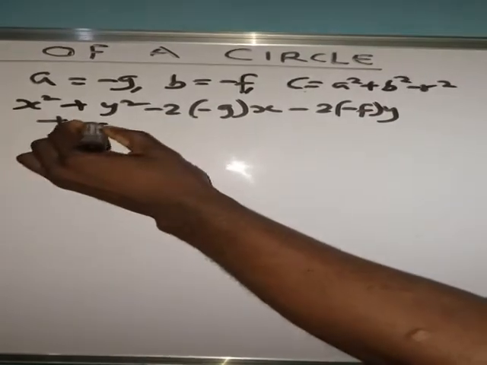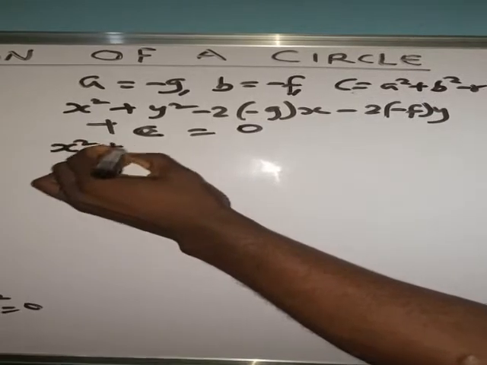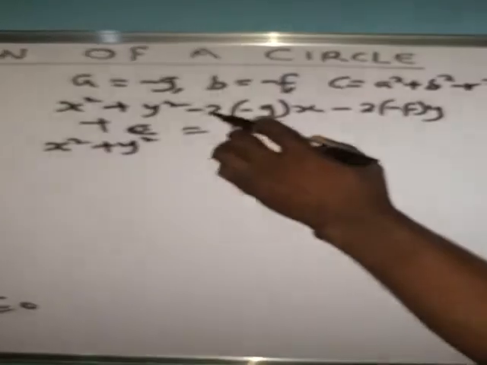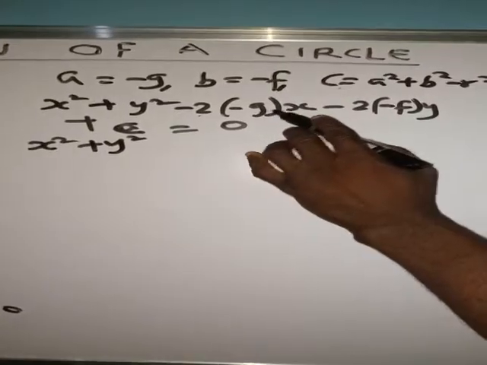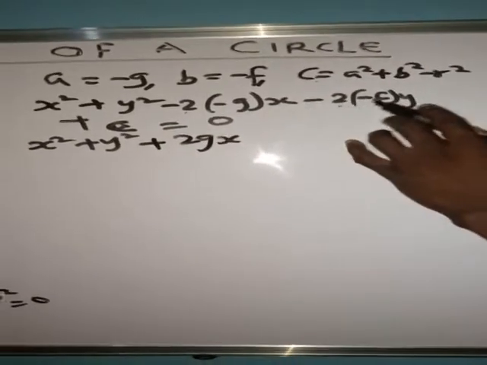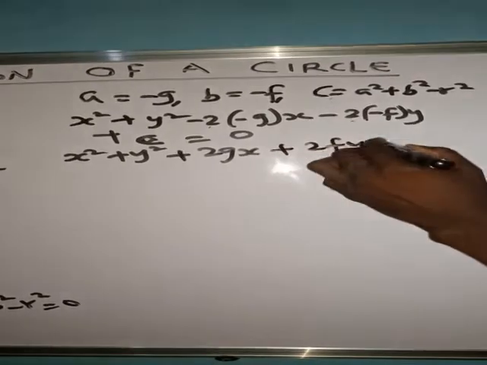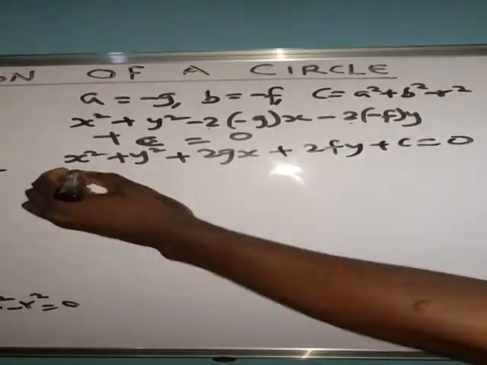Let it be c equals 0. So x² + y² minus 2 times minus gx will give you plus 2gx, minus 2 times minus fy will give you plus 2fy, plus c equals 0.